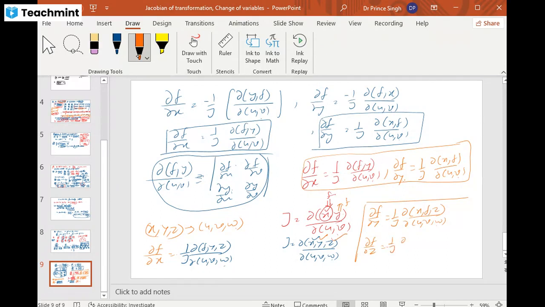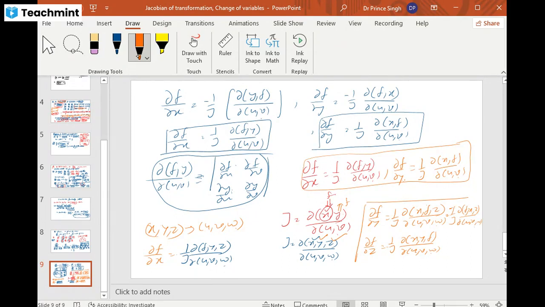1 upon J, Jacobian of x, y, f with respect to u, v, w. But if I want to place x, f at the first position, I simply need to interchange this. One interchange means we are interchanging one row. So it means minus of Jacobian of f, x, z with respect to u, v, w.